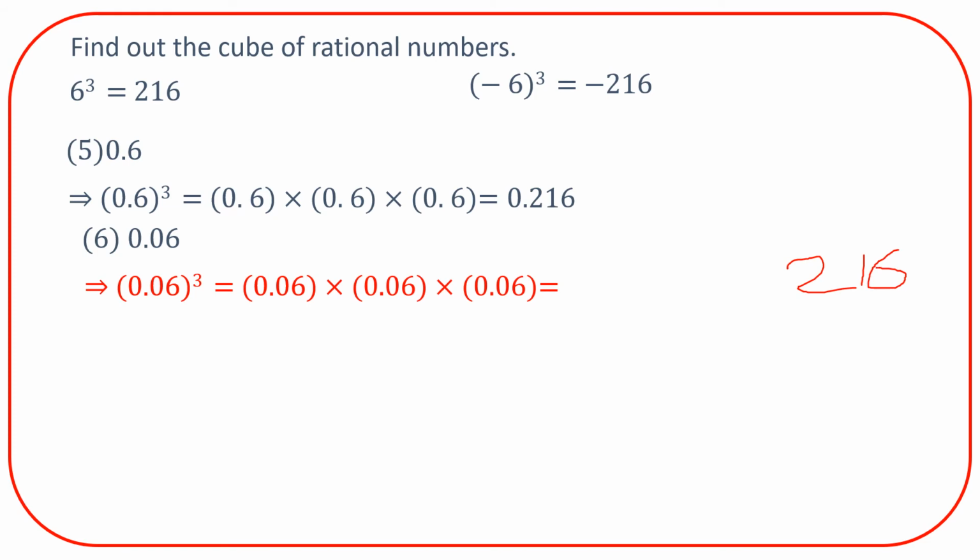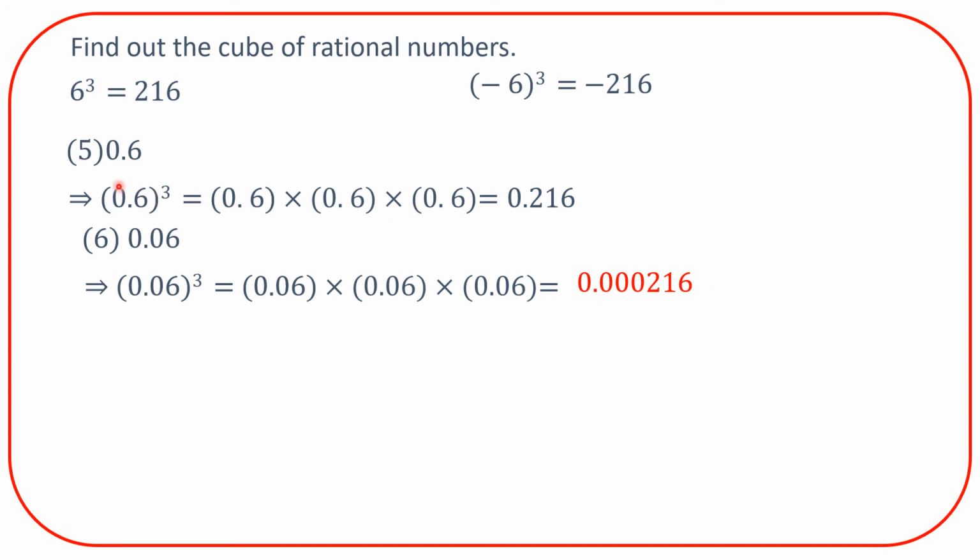Now the decimal point is after 6 places. Therefore we add zeros here and then give the decimal point, that is 0.000216. Now write down the answer, 0.000216.